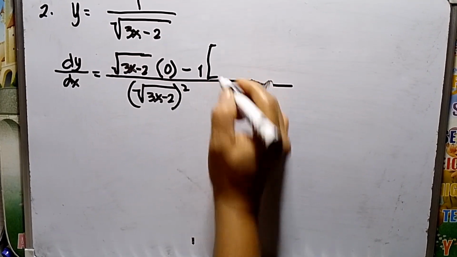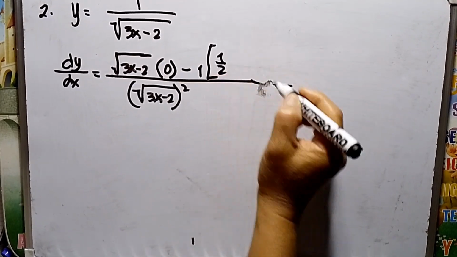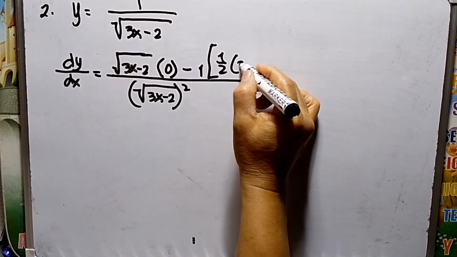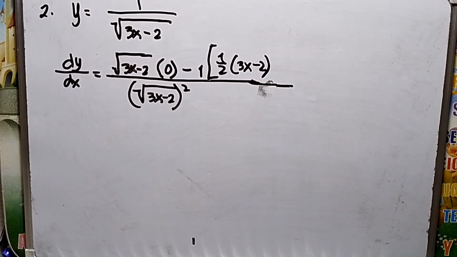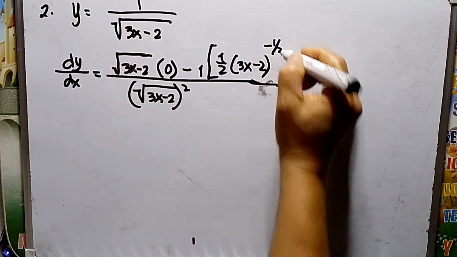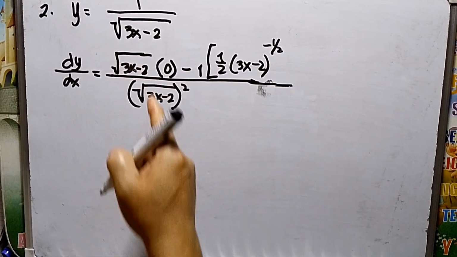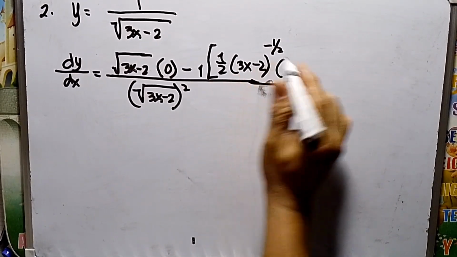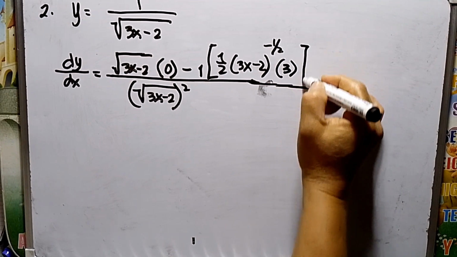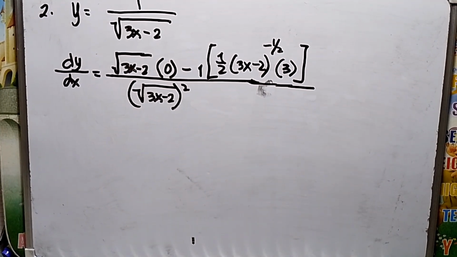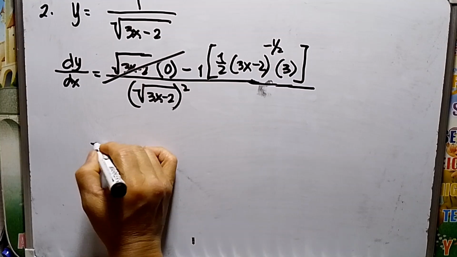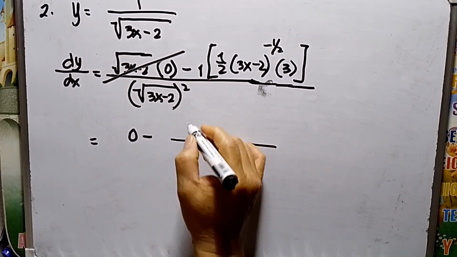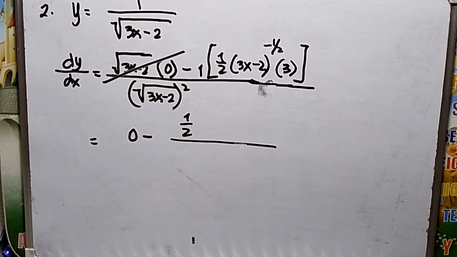So this will be half times 3x minus 2 raised to the negative 1 half, because 1 half minus 1 is negative half. Then derivative inside, which is 3. Close bracket. So this will be 0. So I have here 0 minus 1 over 2.